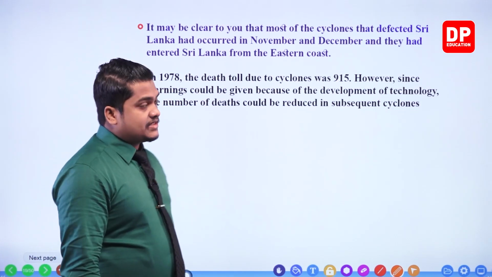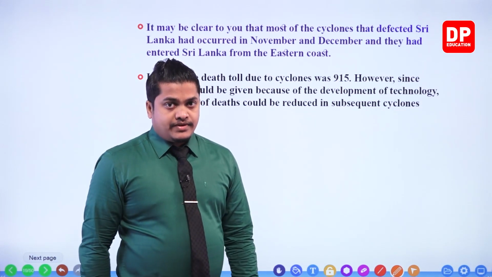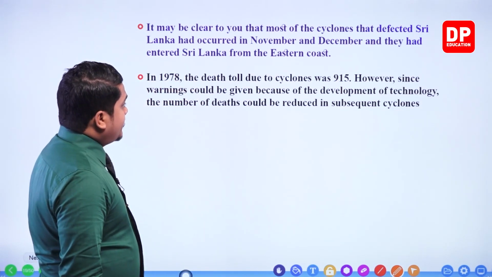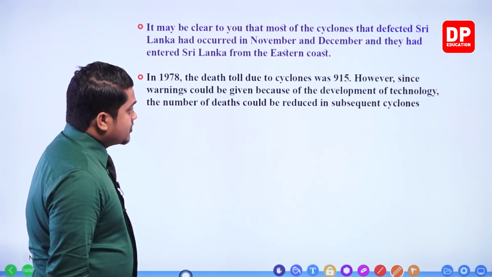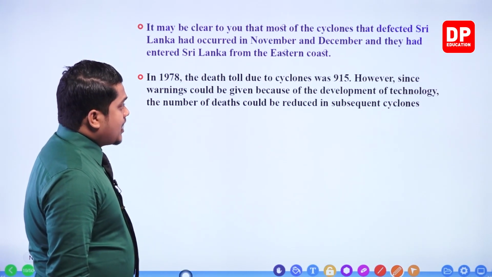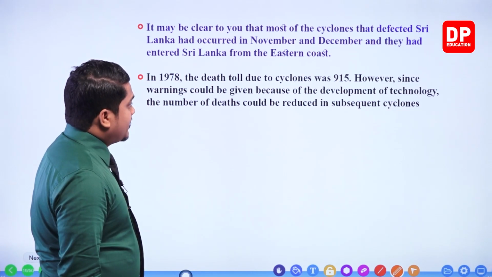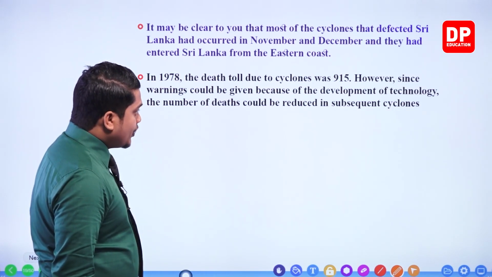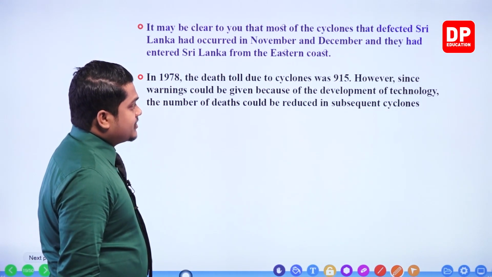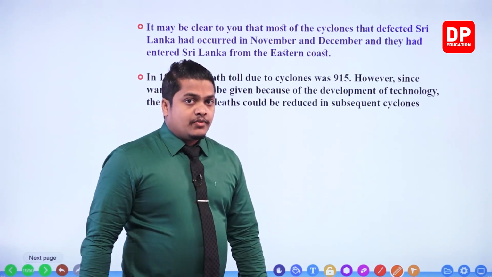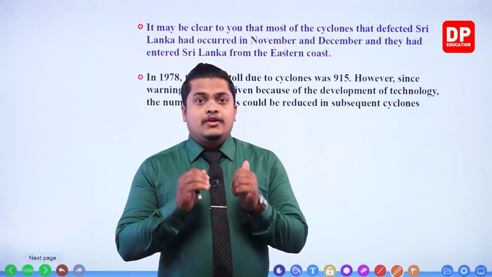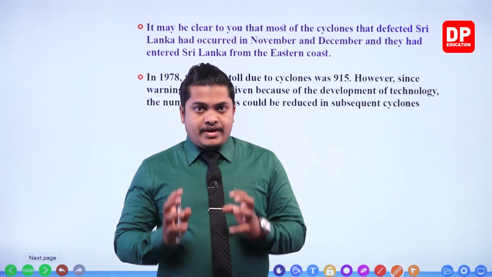In 1978, the death toll due to cyclones was 915. However, since warnings could be given because of the development of technology, the number of deaths could be reduced in subsequent cyclones.